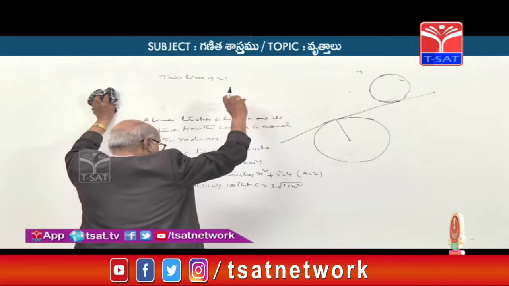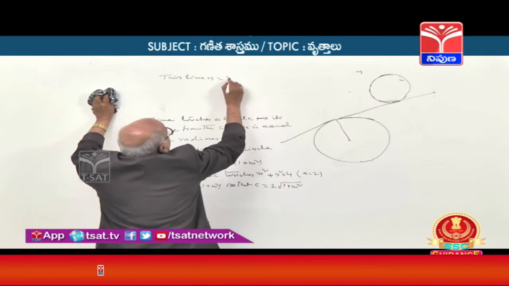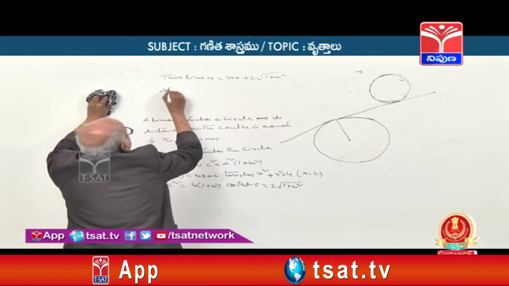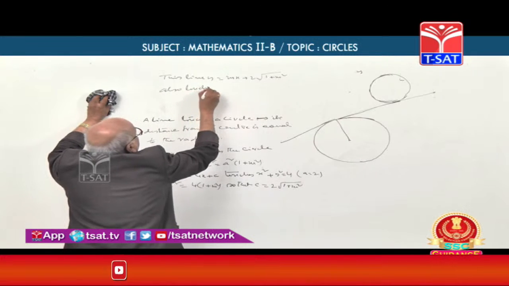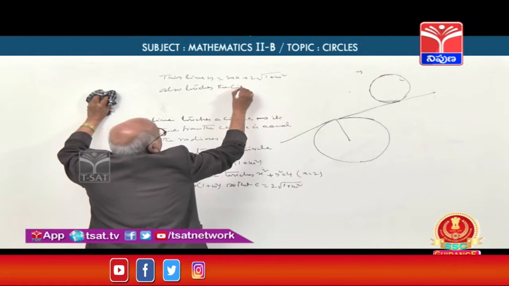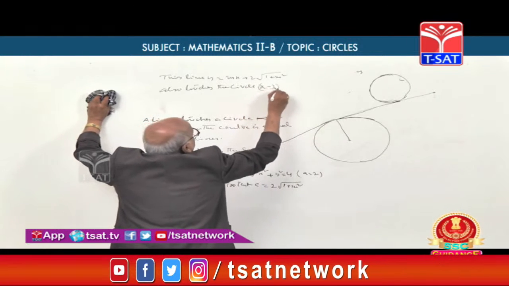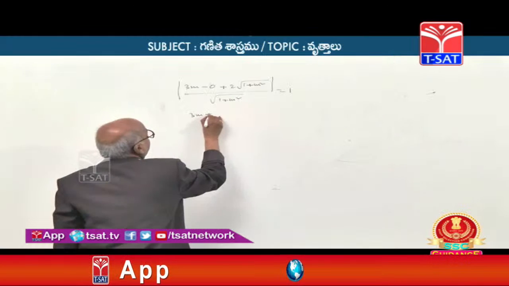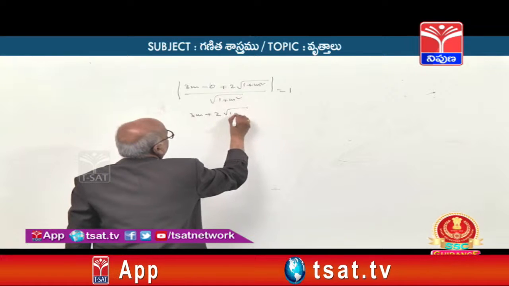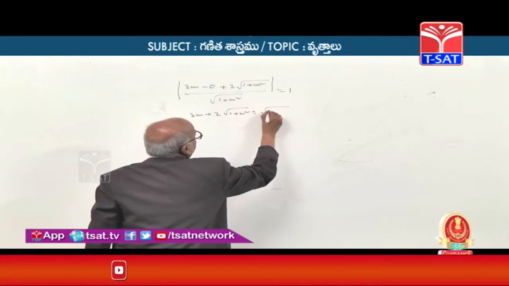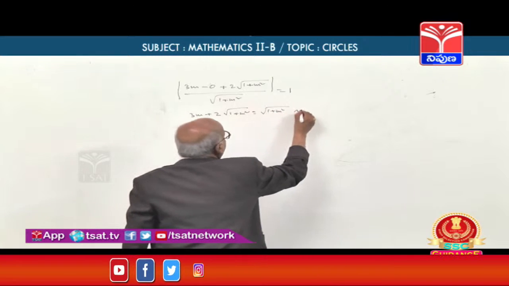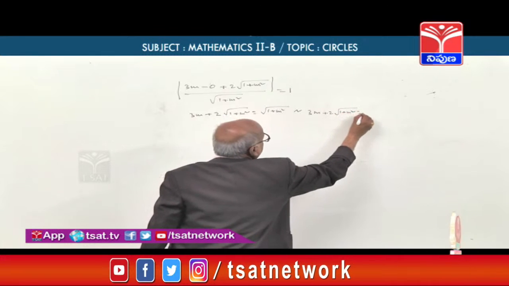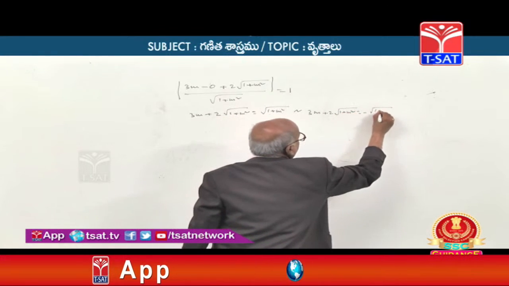This line y is equal to mx plus 2 into root of 1 plus m square also touches the circle x minus 3 whole square plus y square is equal to 1 if and only if 3m plus 2 into square root of 1 plus m square is equal to plus or minus square root of 1 plus m square.